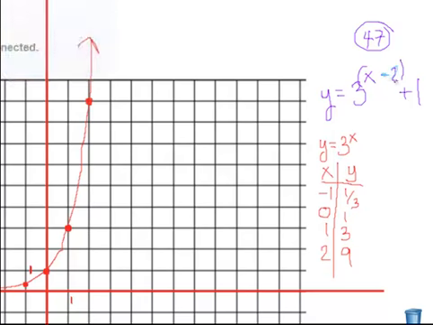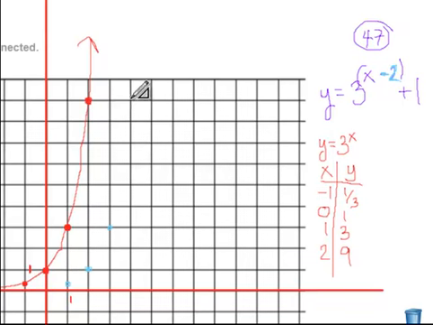This is my horizontal shift. The horizontal shift would take all of these and do the opposite of what you think. Shift all of my points of my original function over 2. Not only do we take these points and move them over to the right 2, but we also move them up. I am going to do that one in purple. So all of these points are going to go up.